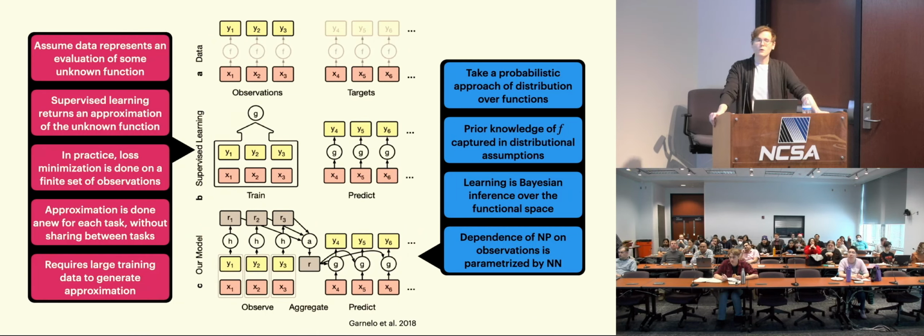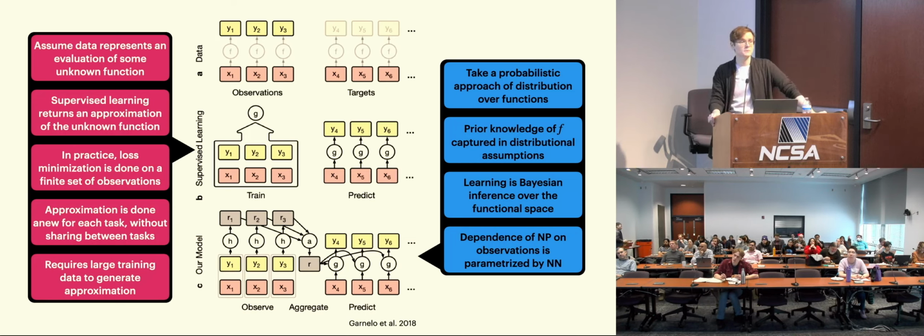This is an overview comparing your typical supervised learning neural network on the top, where you effectively take in a huge amount of data, you train a model, G, and then give it input times to make predictions at those times. And on the bottom, we have the neural process approach, where it is not a single set of a huge amount of data, but rather smaller sets of data.